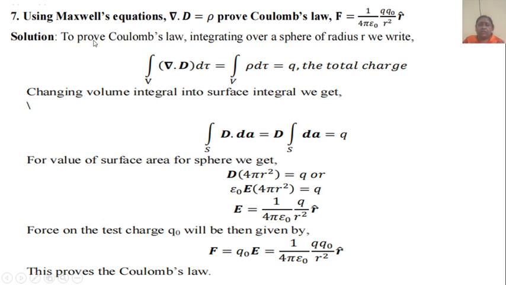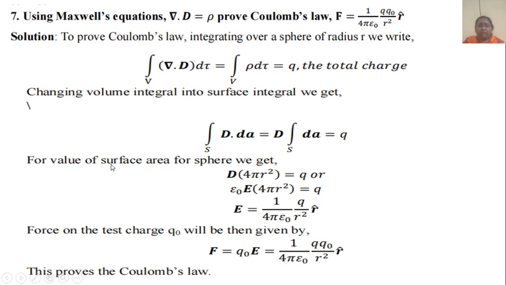Now here, to prove Coulomb's law, integrating over a sphere of radius R, we can write volume integral of del dot D d tau equal to volume integral of rho d tau equal to Q, that is the total charge. So changing volume integral into surface integral, we get surface integral of D dot dA equal to D into surface integral of dA equal to Q.